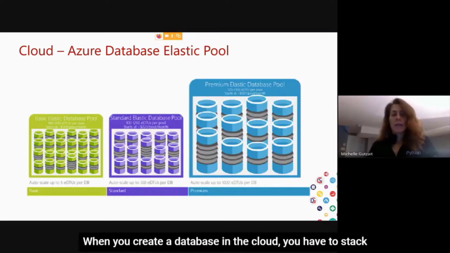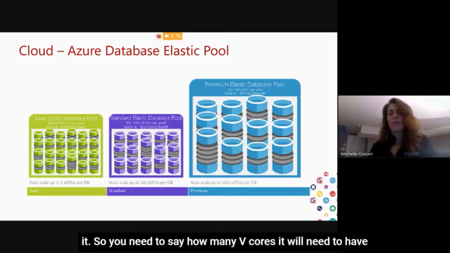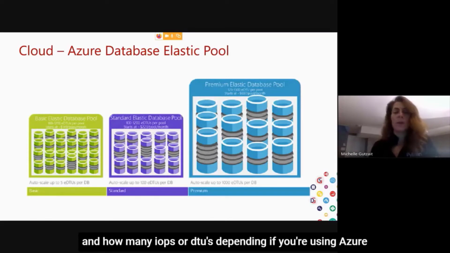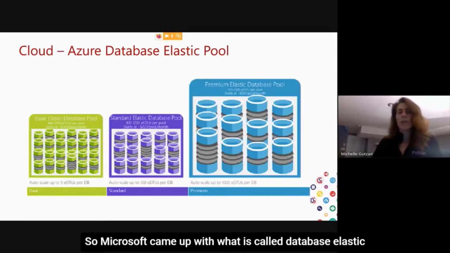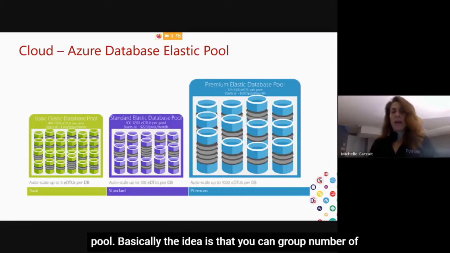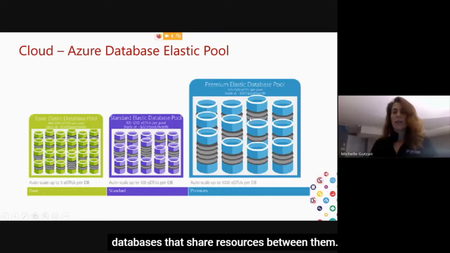When you create a database in the cloud, you have to spec it. So you need to say how many vCores it will need to have and how many IOPS or DTUs, depending if you're using Azure or AWS. So Microsoft came up with what is called database elastic pool. Basically, the idea is that you can group a number of databases that share resources between them.